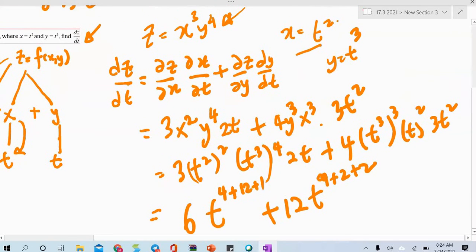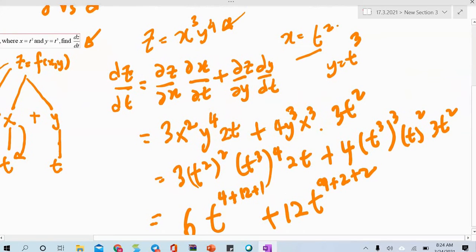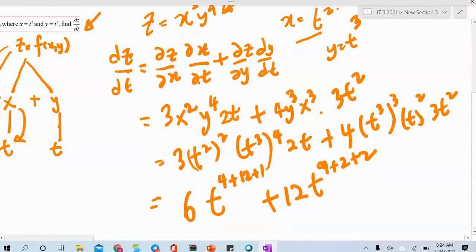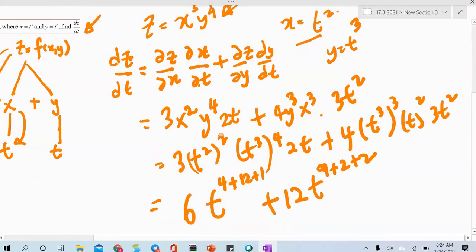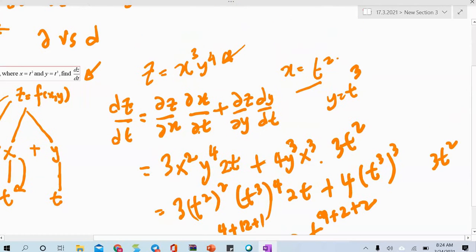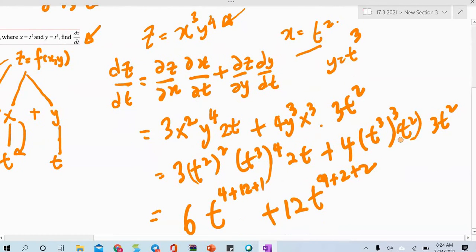X cube. Which one is cube? For y cube, x cube. For t cube. Oh, x cube. Here is cube, right? Inside also. Okay, t squared, 3.